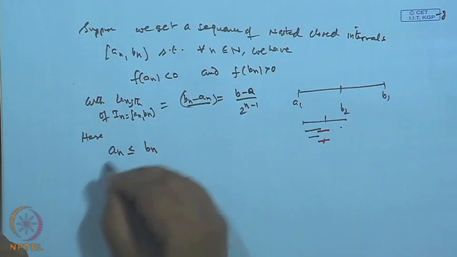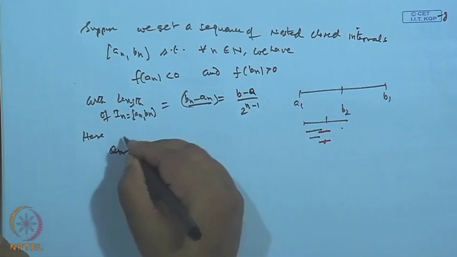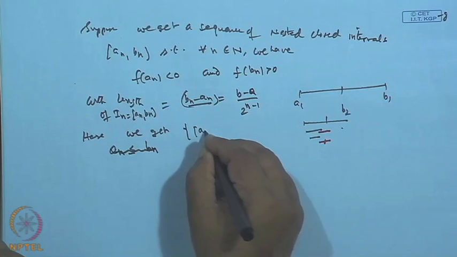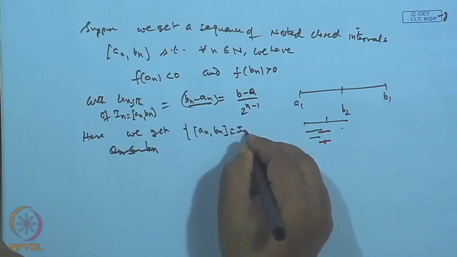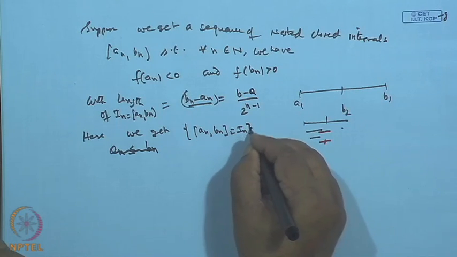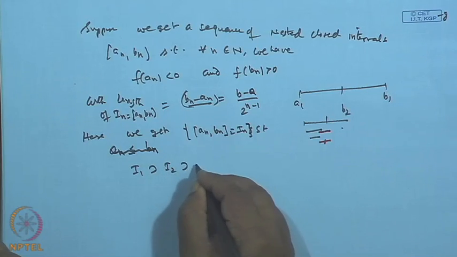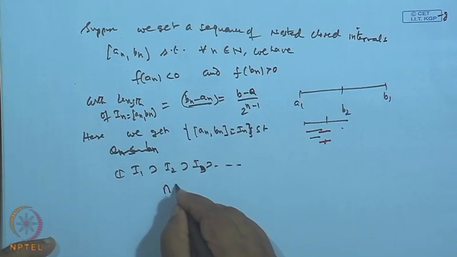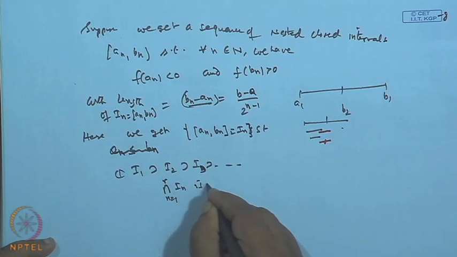So here we get a sequence of nested intervals a n b n, say I n, such that I1 covers I2 covers I3 and so on, and the finite intersection of I n, when n is equal to 1 to r, is non-empty.